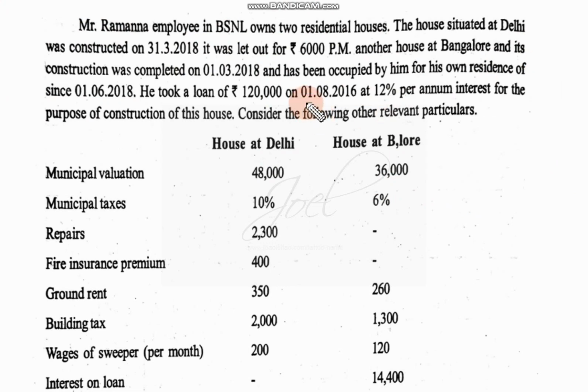One is when he took the loan, then when the construction was completed. He started the work and borrowed the loan on 1/8/2016. Work was completed on 1/3/18. So this information we have to note down.